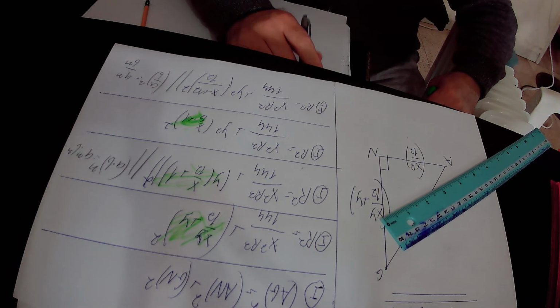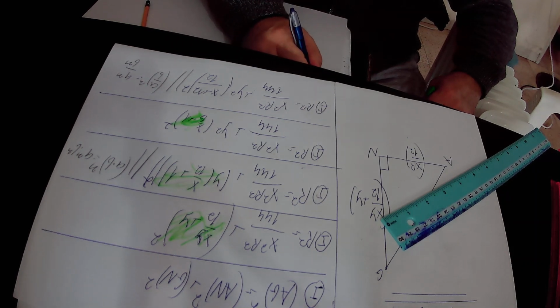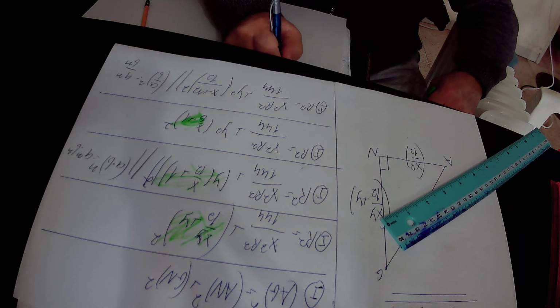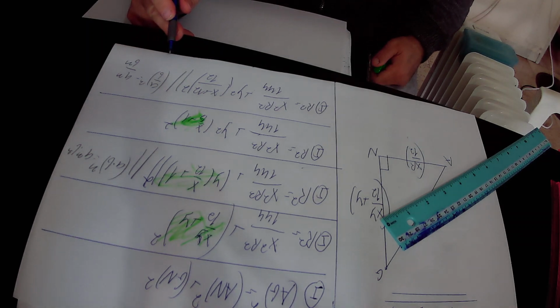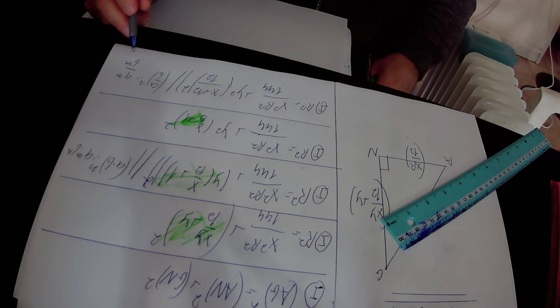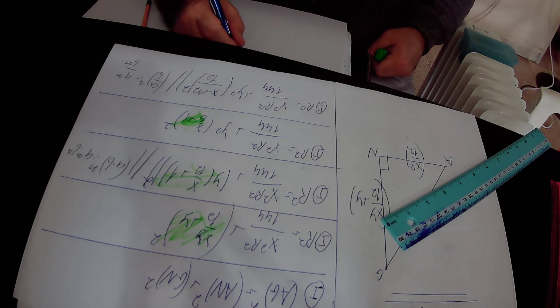So, according to equation 1, R square equals x square times R square over 144 plus y square. Again, according to this identity, we get that (x plus 12 over 12) square equals (x plus 12) square over 12 square.